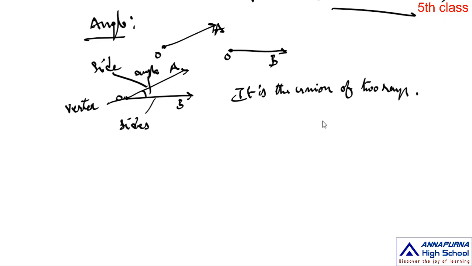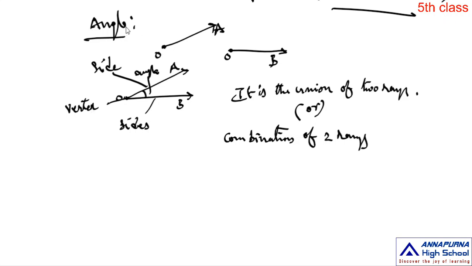It is the combination of two rays. Those two rays are called sides of the angle, and the common endpoint is called the vertex of the angle.